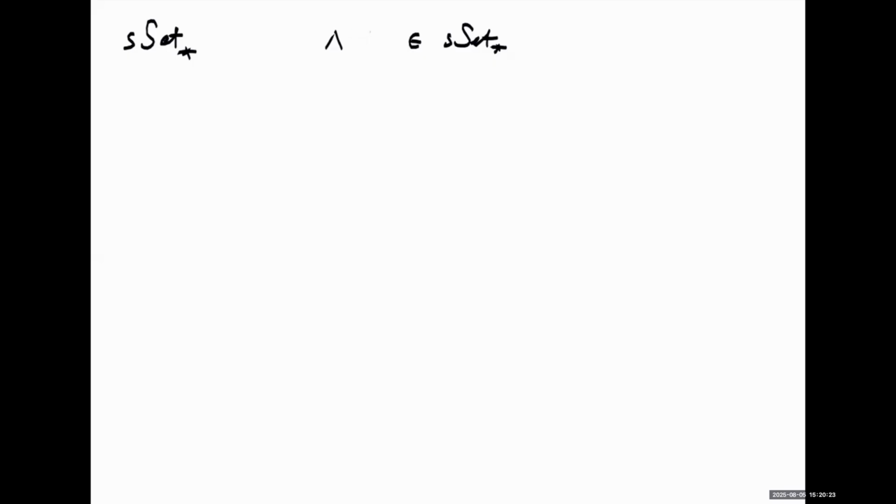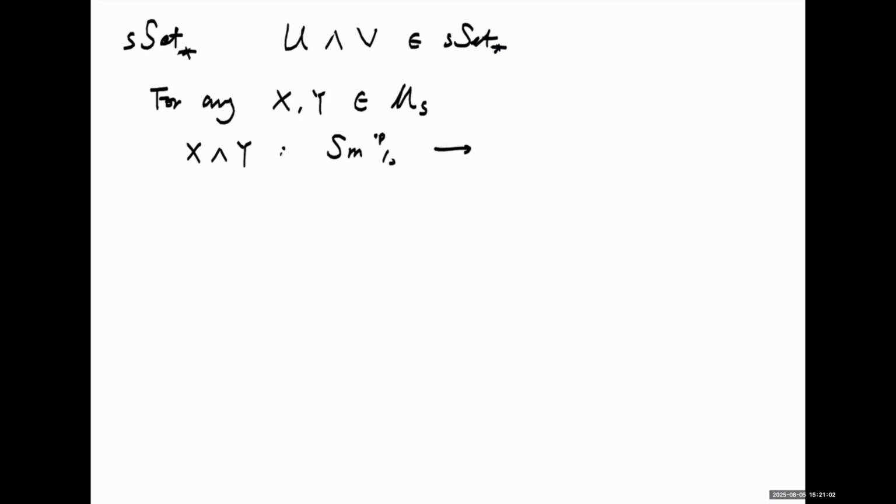Let's say U and W. Then for any X and Y in our motivic space, X smash product Y can be defined as well, which is also a functor from smooth schemes to the category of pointed simplicial sets.